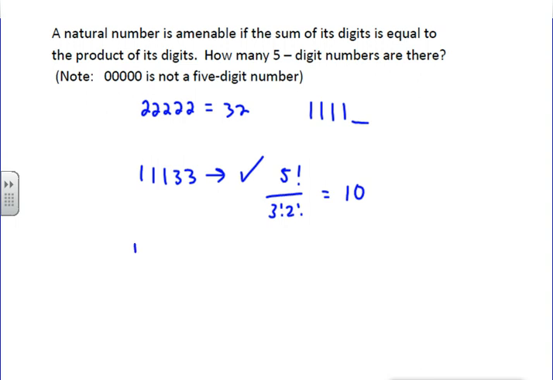So then I considered looking at 2 1s. Well, the smallest possibility for 2 1s is putting 3 2s down. Bam! All of a sudden you find another one that works, because 2 times 2 times 2 is 8, and you end up with 8 when you do the sum of those. And so again, that one is just like this, except that it's 3 2s and 2 1s, and so there are 10 of those.